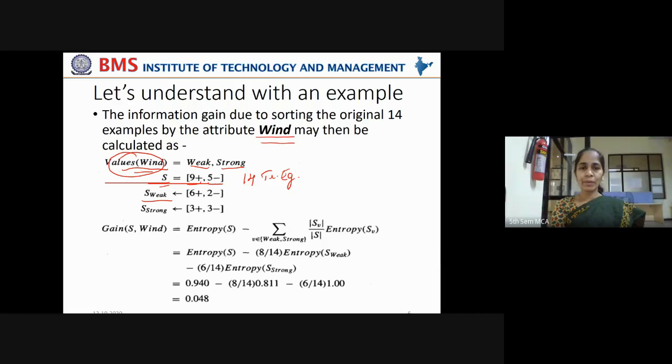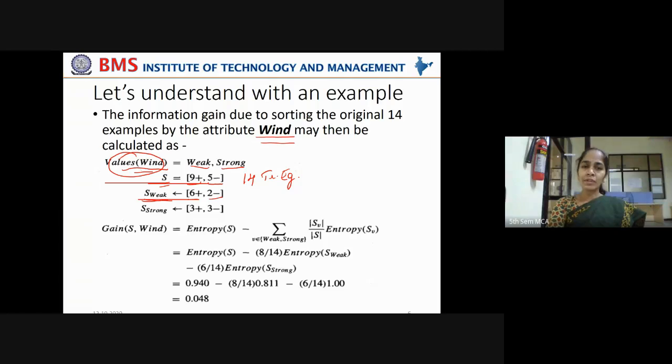You have to calculate the entropy for each of the possible values of wind, right? So what is the entropy for S weak? First, you have to see how many training examples are positive and how many of them are negative, which are having wind value as weak. That you can count from the training example set. It is 6 and 2.